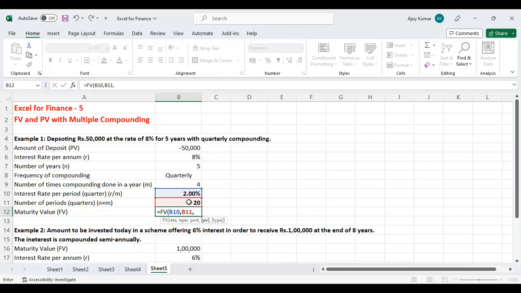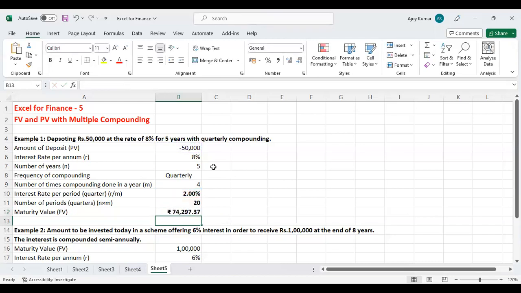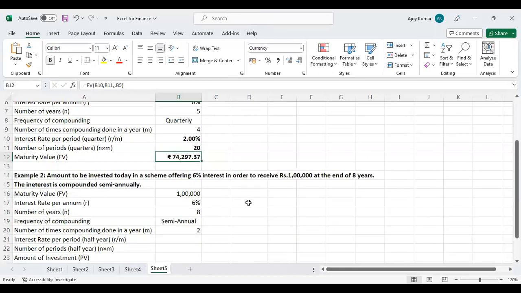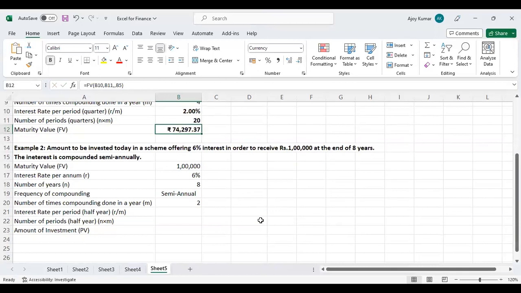We ignore PMT, one more comma, and present value, which is 50,000, the amount of deposit made today. Bracket close, enter. So if I deposit 50,000 today in a bank deposit offering 8% interest compounded quarterly for a 5-year period, at the end of 5 years, I'll be getting 74,297.37.